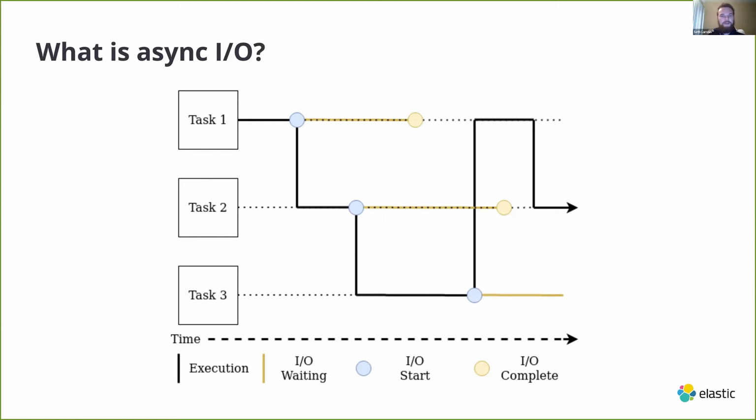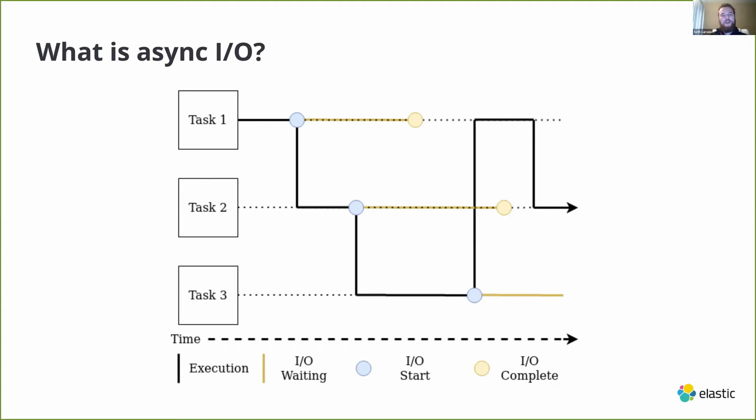So instead of waiting for the I/O to complete before you move on to the next task, you can say, okay, I just scheduled that I/O and now I'm going to go work on something else while that I/O is doing its thing. What ends up happening is you schedule the I/O to happen, and then the operating system will tell you when it's complete, hey, I'm done. Now this result can be harvested and then used.